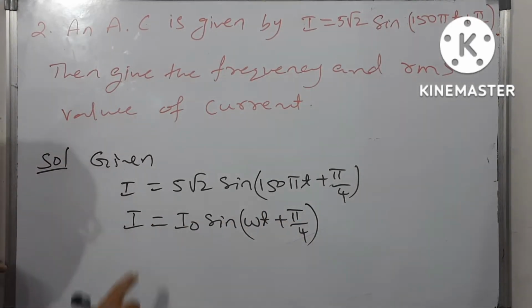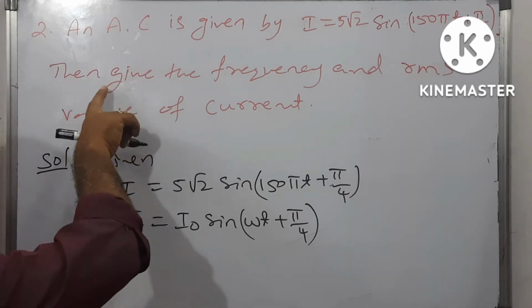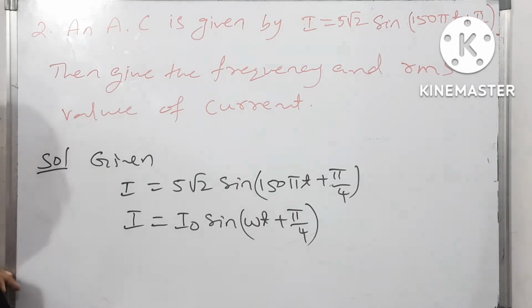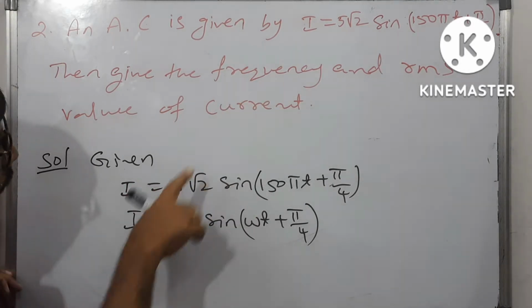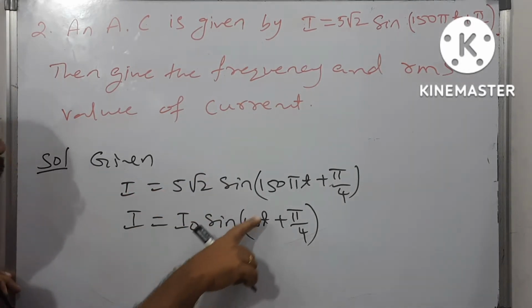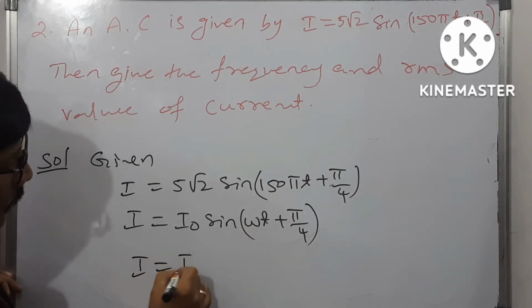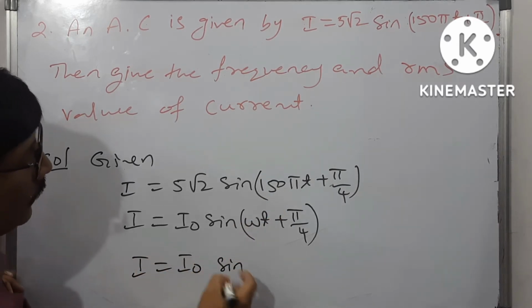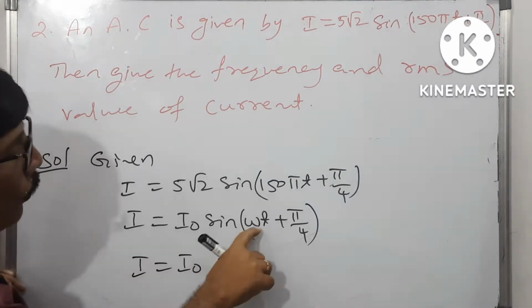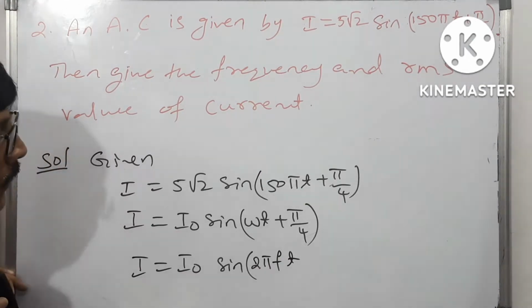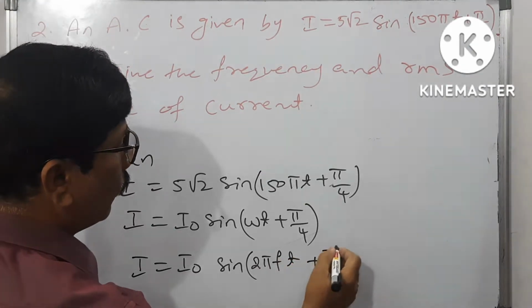Just compare here. He is asking to give the frequency and RMS value of the current. Frequency means what? f, but you don't have f here. So you need to write this equation in such a way that you get omega as 2 pi f, into t plus pi by 4.